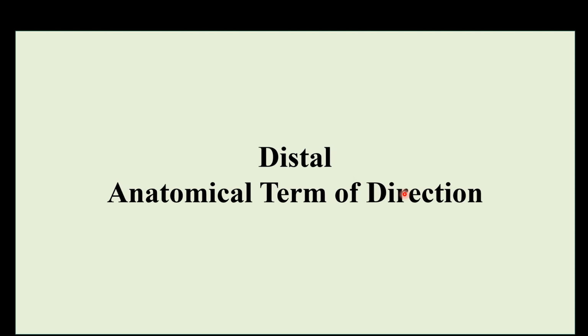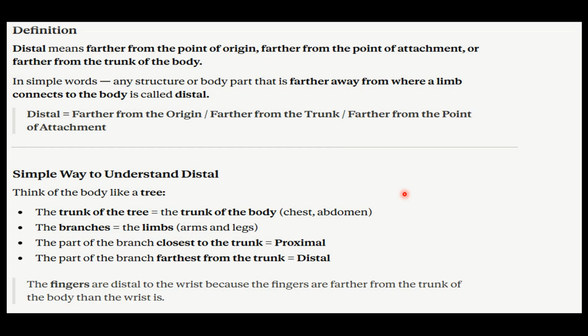Alright, so let's get started with the definition itself. The definition is very simple and straightforward: distal means farther from the point of origin, farther from the point of attachment, and farther from the trunk of the body.